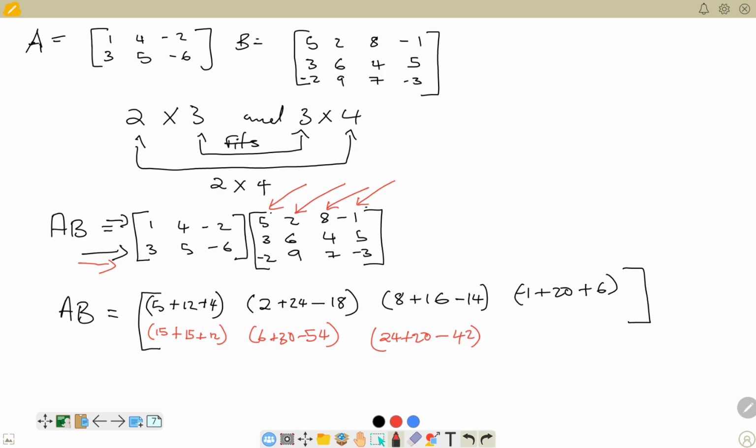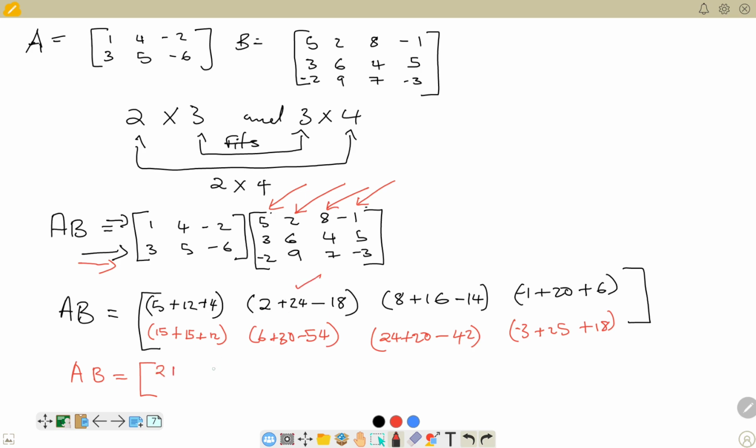Now we are multiplying by the second row of the first matrix. So 3 times negative 1 is negative 3. Then 5 times 5 is plus 25. Then negative 6 times negative 3 is positive 18. So what we need to do is just to add those numbers which are inside the brackets, and we'll get 21.